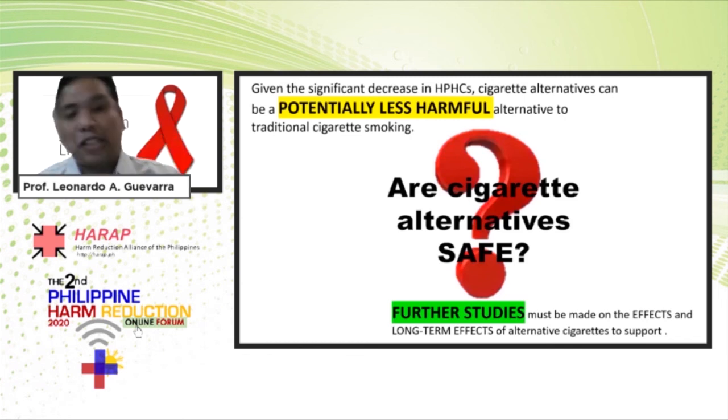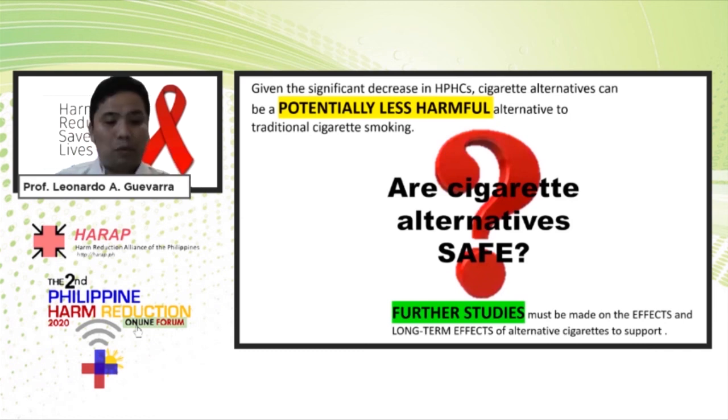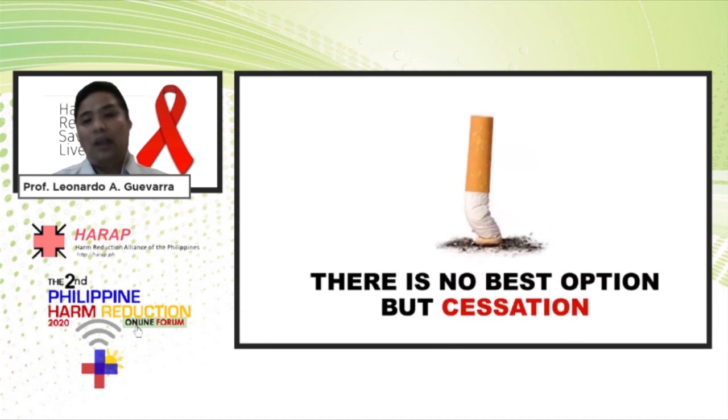However, as a researcher, we still have to look at the long-term effects of this alternative to smoking. So, as a biochemist and as a previous smoker, the best option is still cessation.